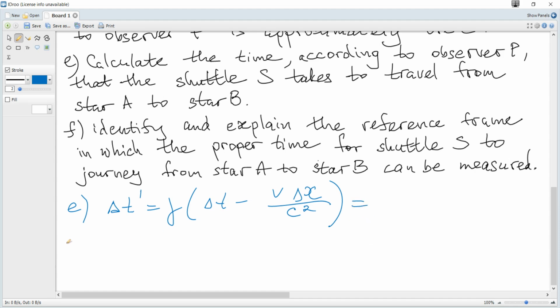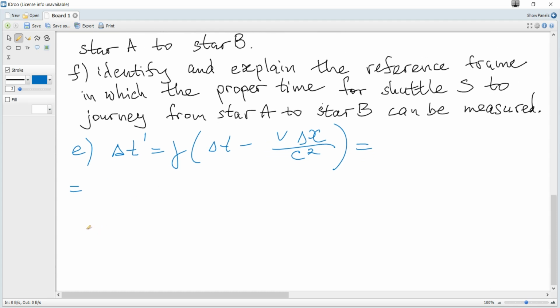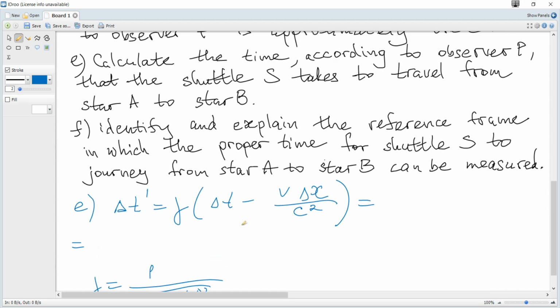And it is equal to, what is gamma? Gamma also can be calculated as 1 over root of 1 minus (v over c) squared.